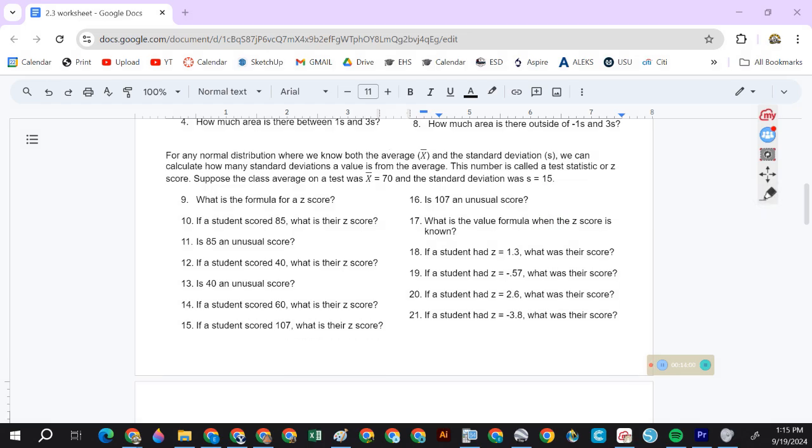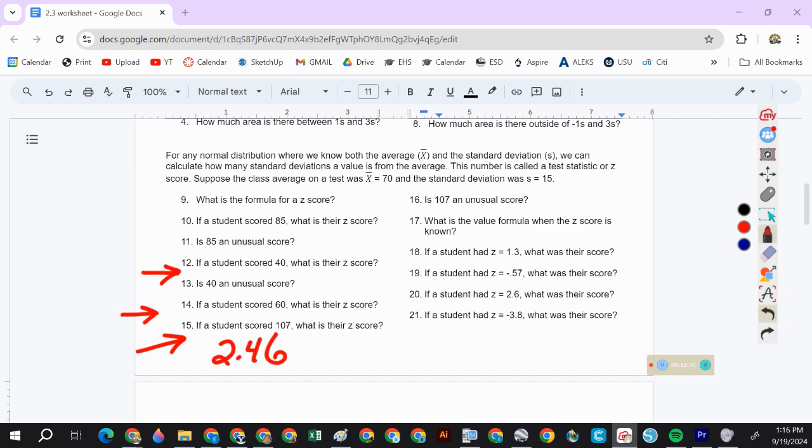Okay, looking at this, what did you get for 12? That is a z-score of -2. Is that unusual? Yes. What did you get for 14? -0.67. Why is it negative? Because it's on the left side of 70. Good. And 15? That is a z-score of 2.46.